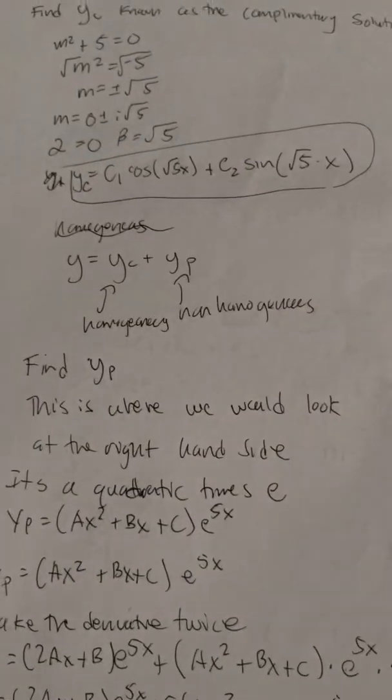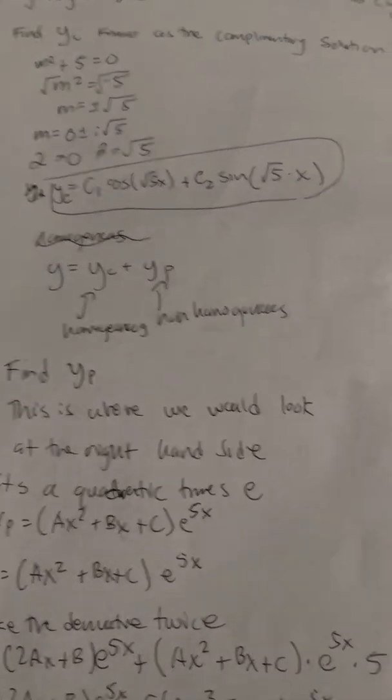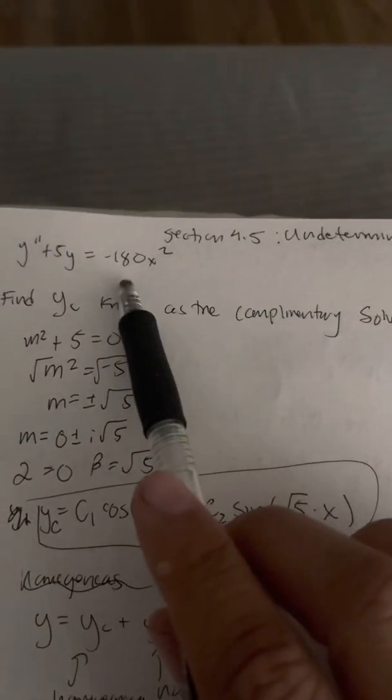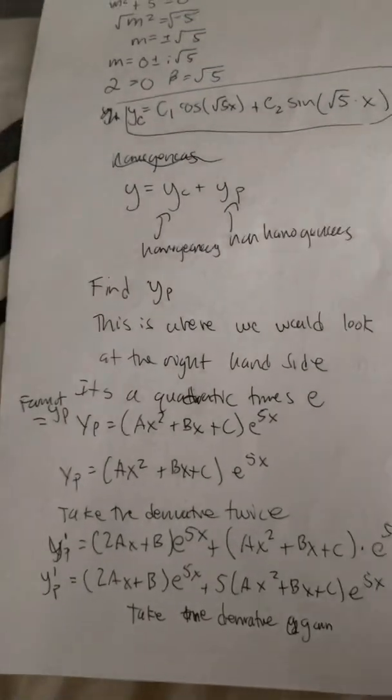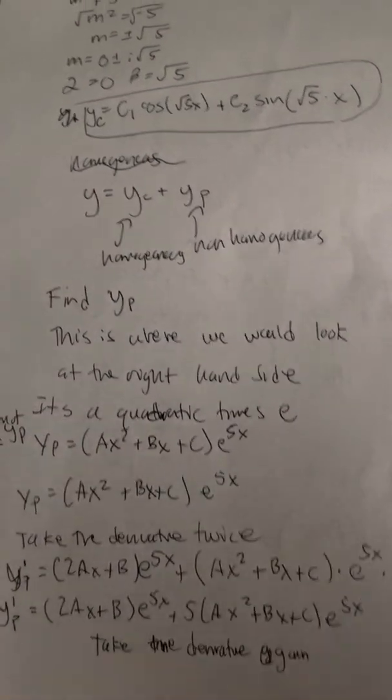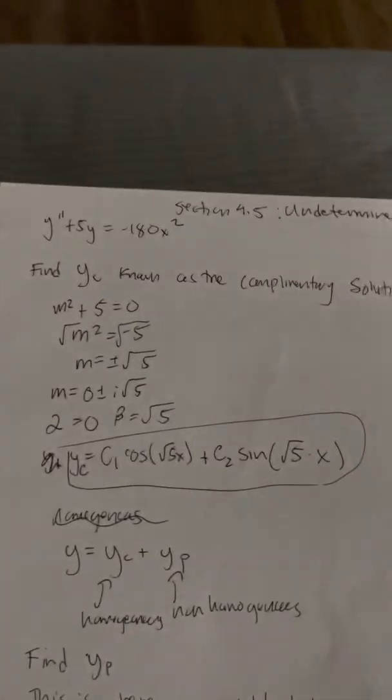Next, we want to find yp. In this case, this is where we will look at the right-hand side of the equation, which is negative 180x squared. So in this case, it's a quadratic times e to the 5x, as we can see right over here.